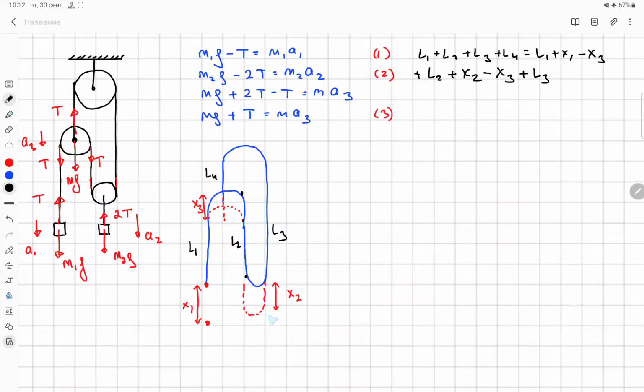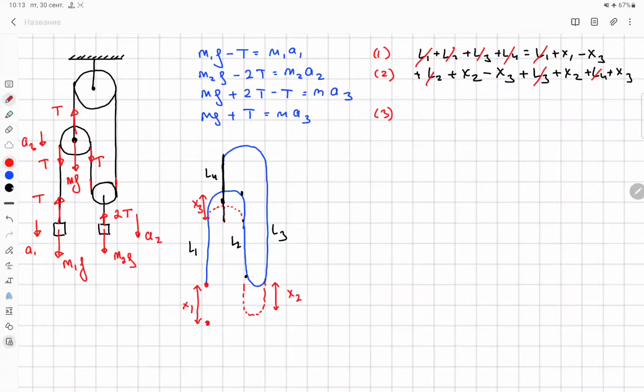This part becomes longer, yes? So basically L3 plus x2. Now let's come to the L4. This length was equal to L4. This part moves downward for x3. It means L4 plus x3.